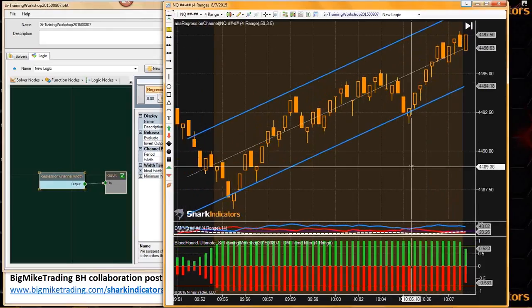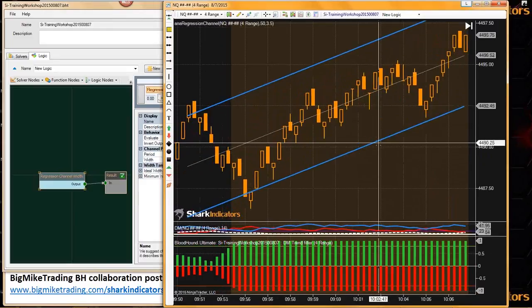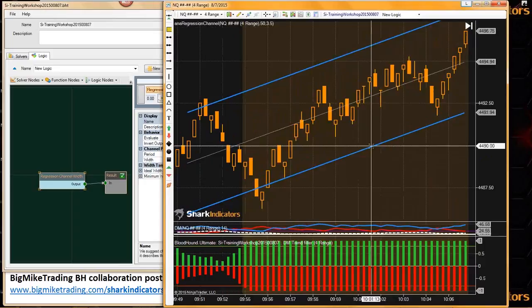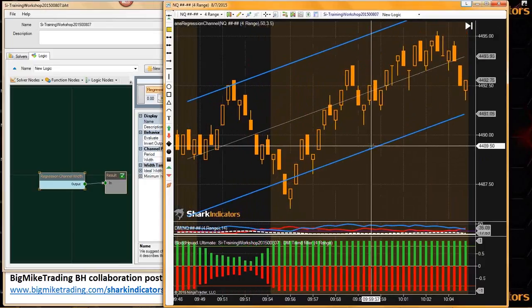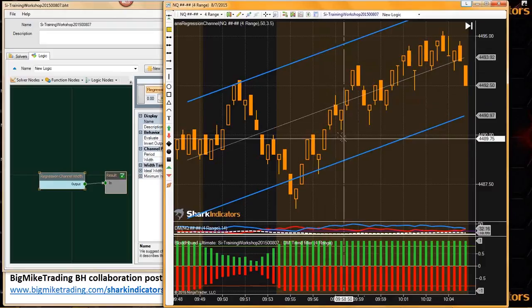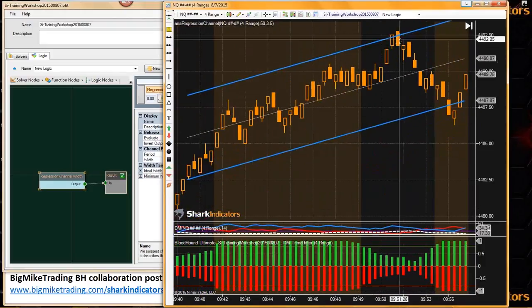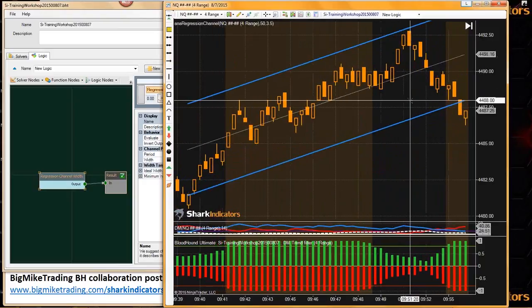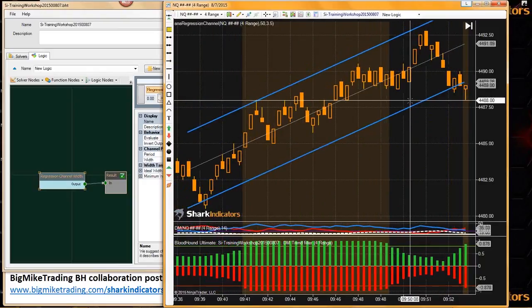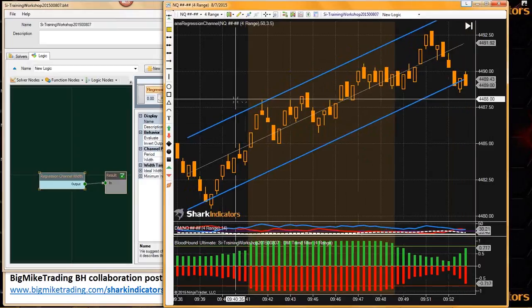Now if I step backwards, you can see the channel is beginning to widen, and widen and widen, like so. It's staying pretty wide, much wider than it was before. If I keep going back, now we can see the channel is beginning to narrow a little bit, and it's beginning to narrow again.